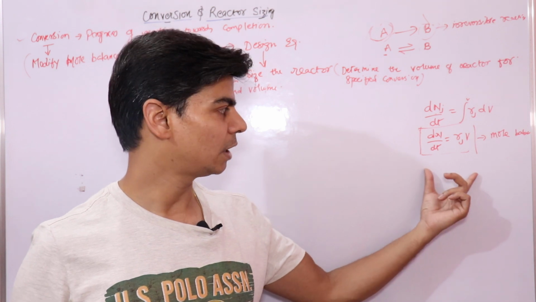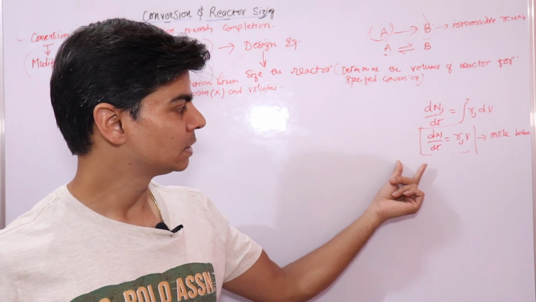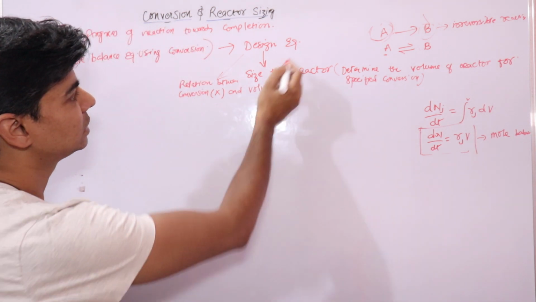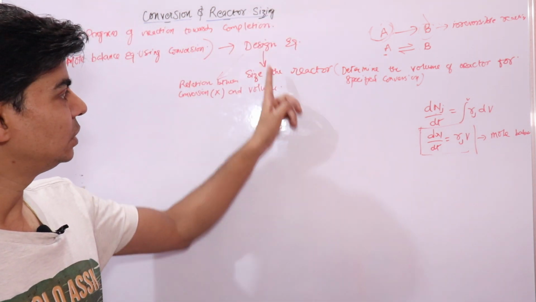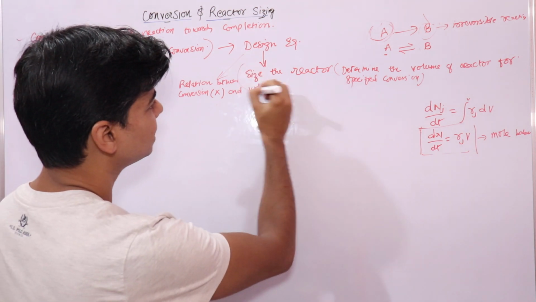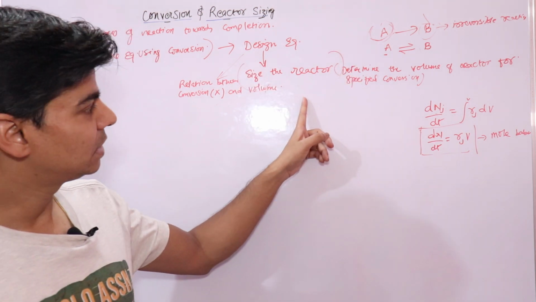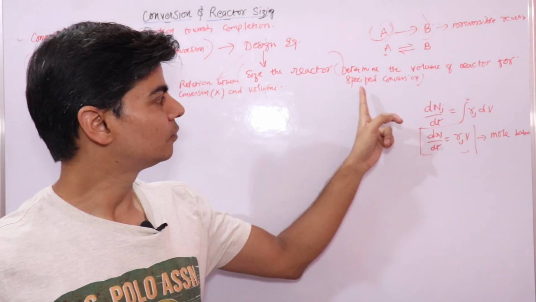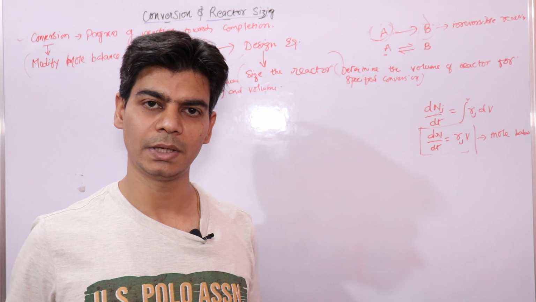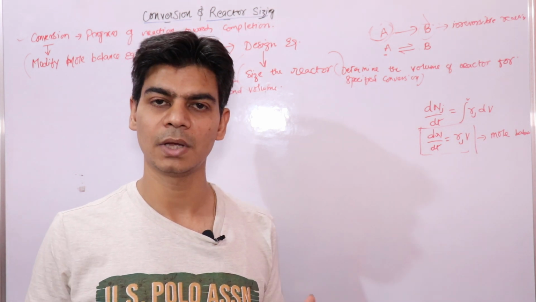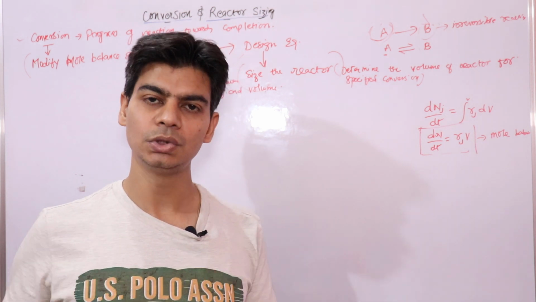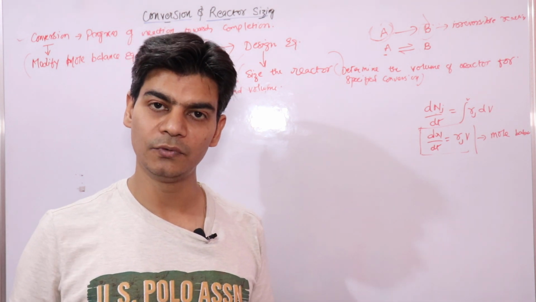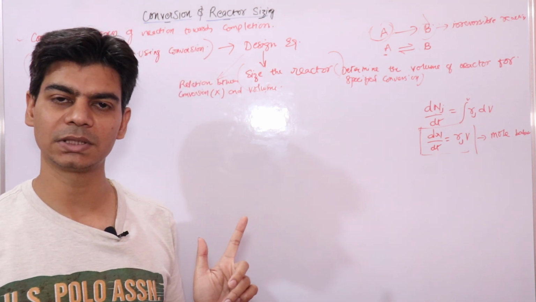So once you have the equation that relates the conversion with the volume, what you have is a design equation, and once you have the design equation, you can size the reactor. Sizing the reactor means determine the volume of reactor for specified conversion. Basically we are determining the size of reactor that is used to convert specified amount of reactants into products, right?